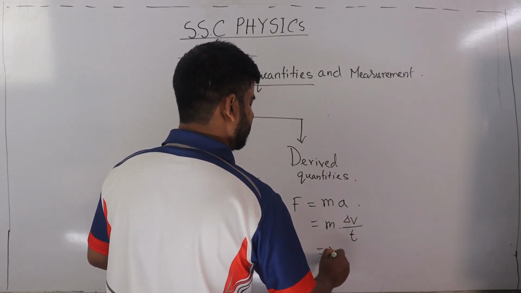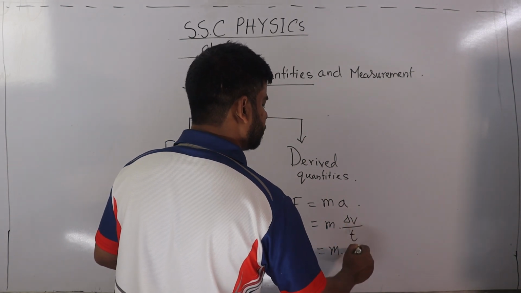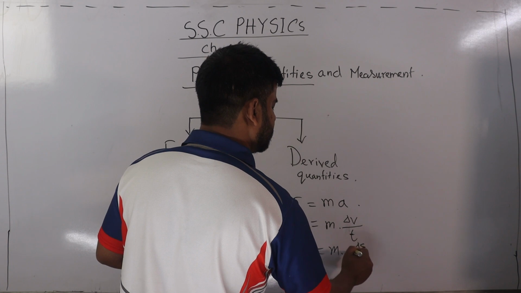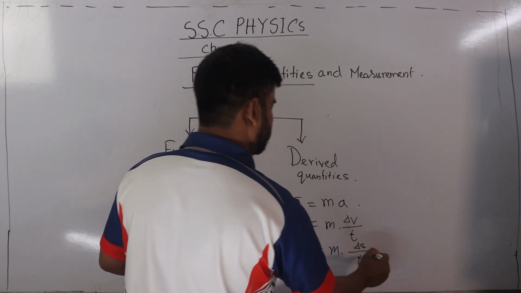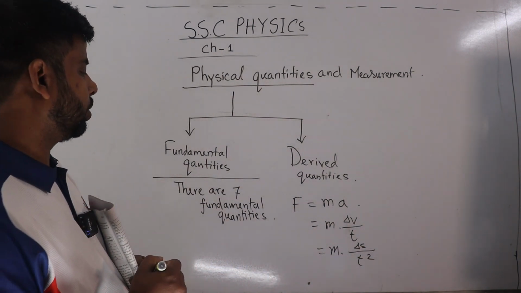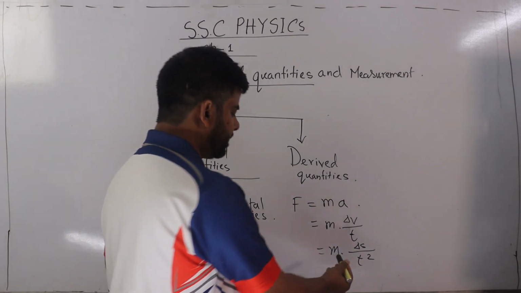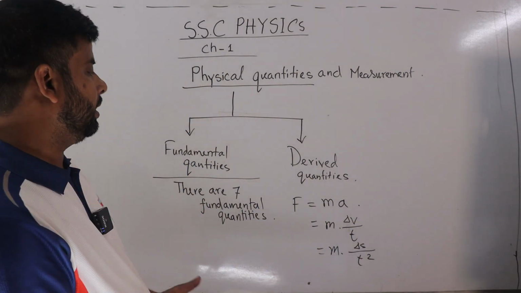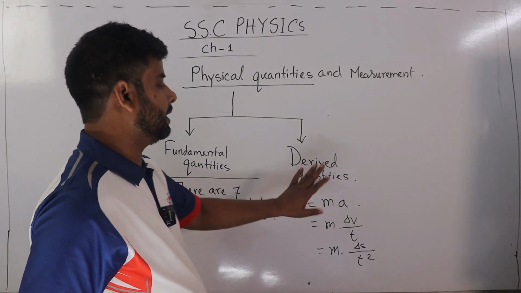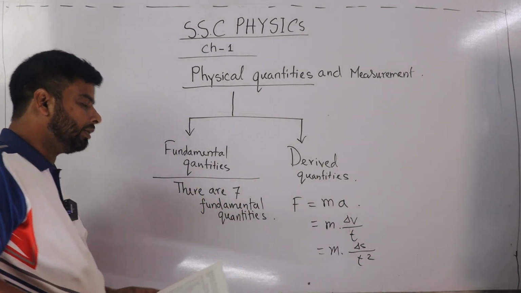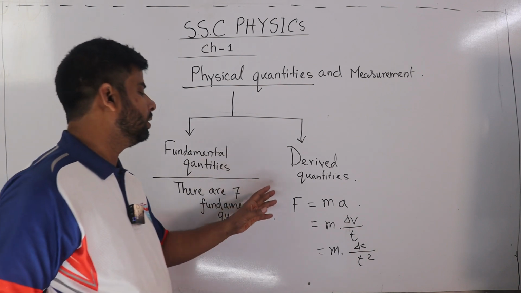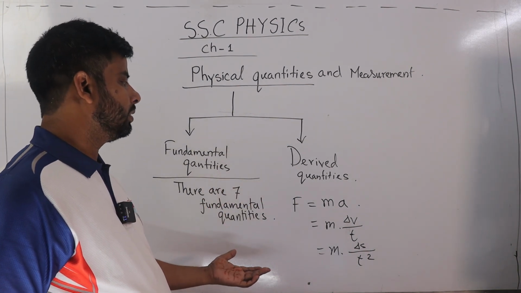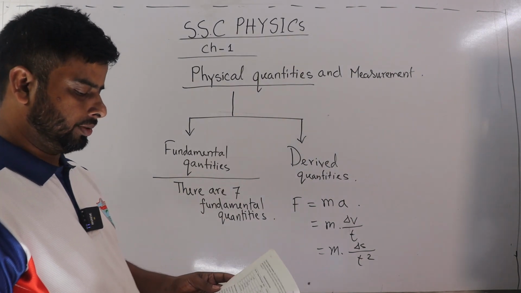Velocity equals change in displacement divided by time. So force depends on mass, distance and time squared. That's why force is a derived quantity.